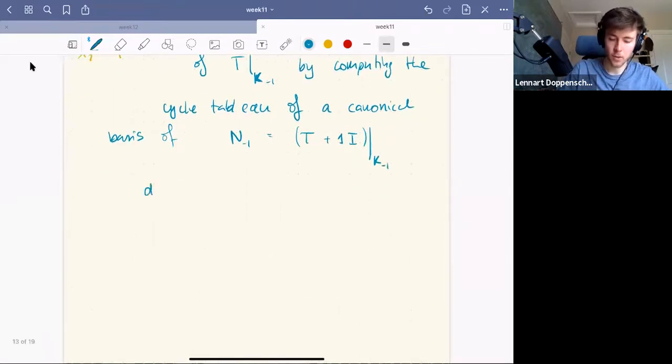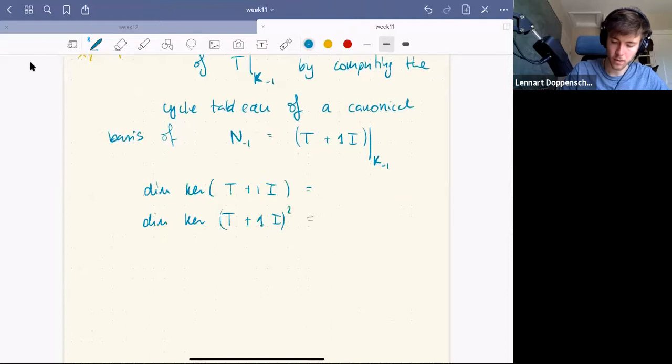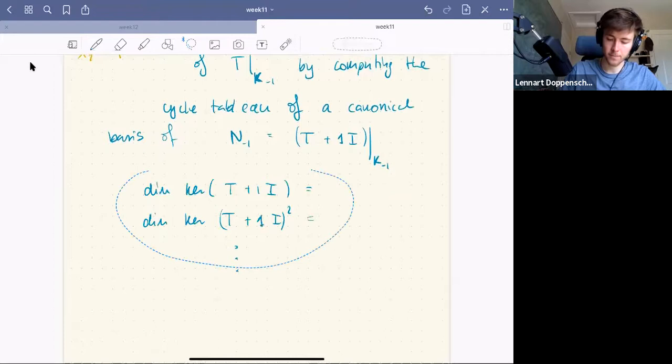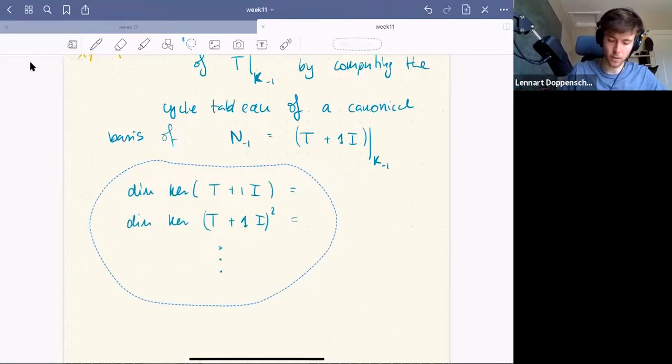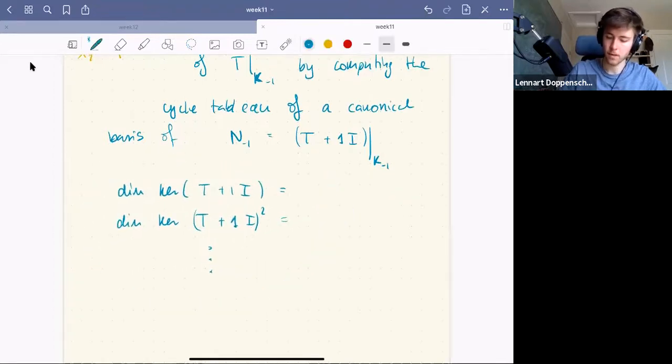So again, what we need to do is find the dimension of the kernel of t plus 1I. We need to find the dimension of the kernel of t plus 1I squared, and so on. Again, same as before, the dimension of the kernel of the first power of this operator is going to be the dimension of the eigenspace. And this is given in the question statement.